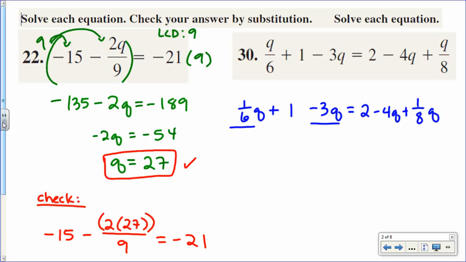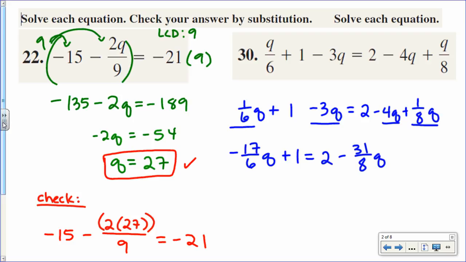So that's negative 17 over 6 Q plus 1. And then I have like terms here. So negative 4 plus 1/8 is negative 31 over 8 Q.